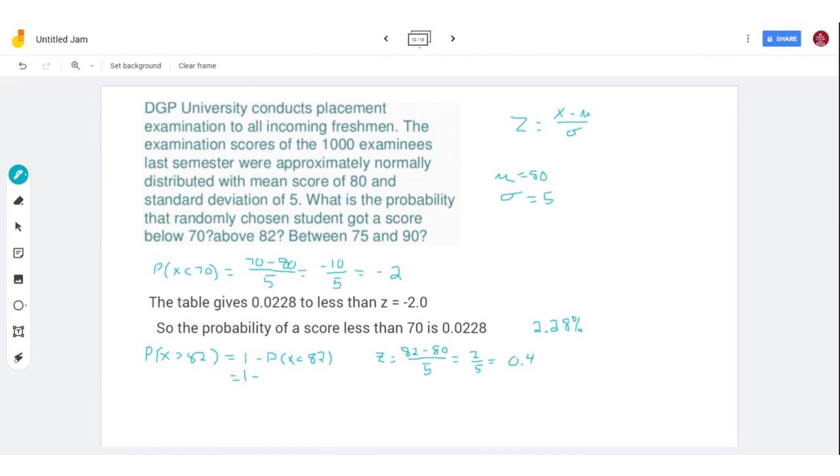So let me go look it up and I'll bring it back. So it's 65.54 below.